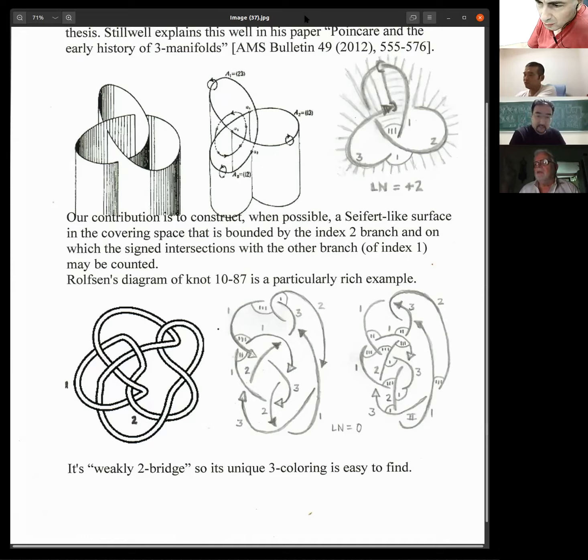And the way I do that is I start with the upper right-hand crossing and lift that little twisted rectangle into copies 3 on the left and 1 on the right. And that starts out bounding that portion of the branch curve of index 2 around the crossing.